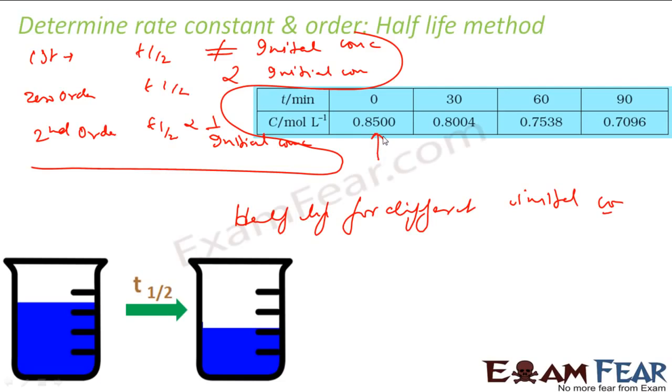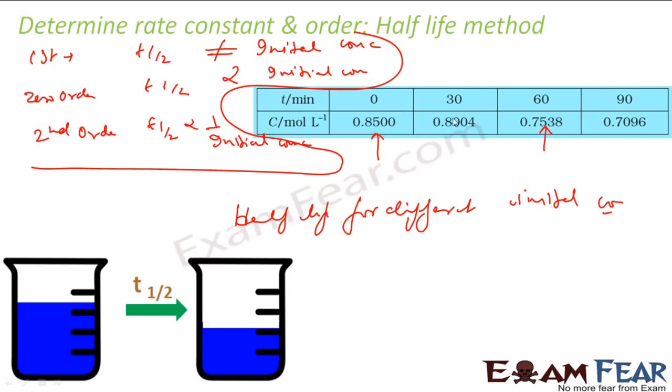In the data, assuming I have more data, I'll try to find where the concentration is half of this, and the time it takes. Directly I can see, right? Because that will have a time also. That is my half-life. Then again, I'll take this as initial data, and take one more data point where the concentration is half of this. I'll get the time there also, because it is this time minus that time.